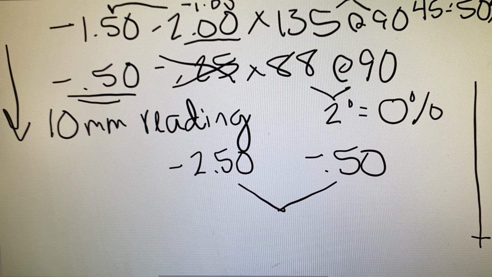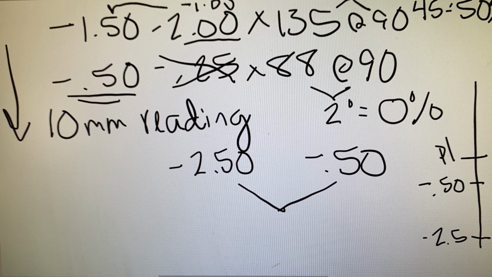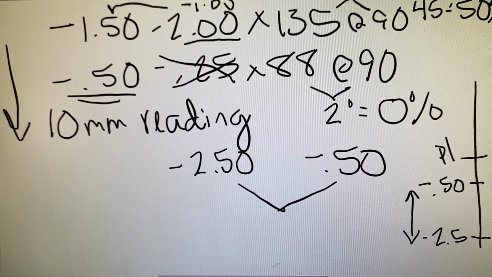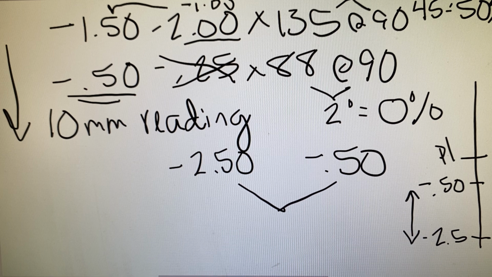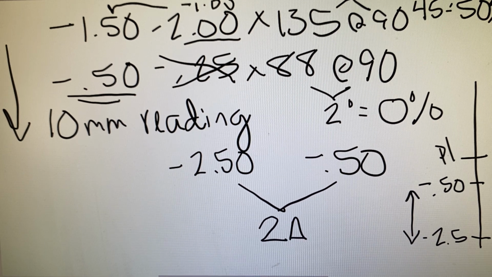If I was traveling from a -2.50 to a -0.50, and let's say Plano is sitting here, how far did we travel to get from -2.50 to -0.50? It's just like when you're neutralizing a pair of glasses, that difference on the power wheel. In this particular case, we would actually be traveling 2 diopters.